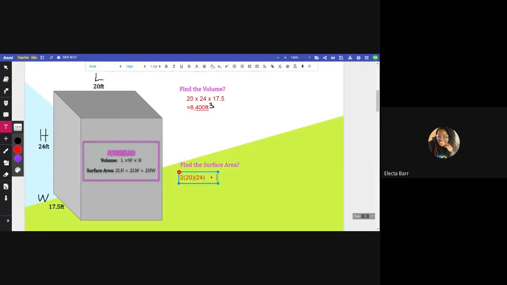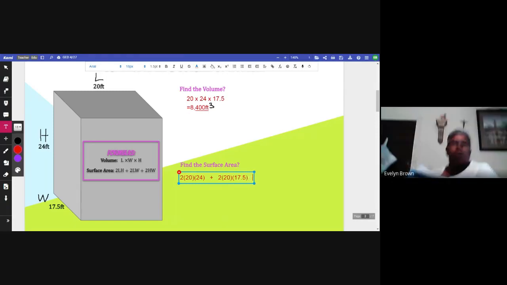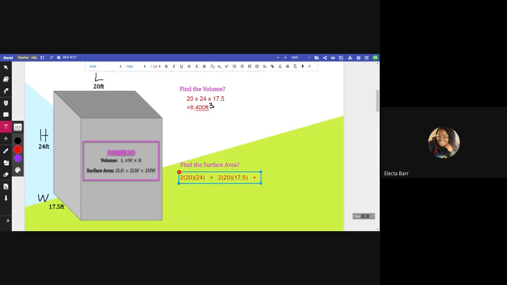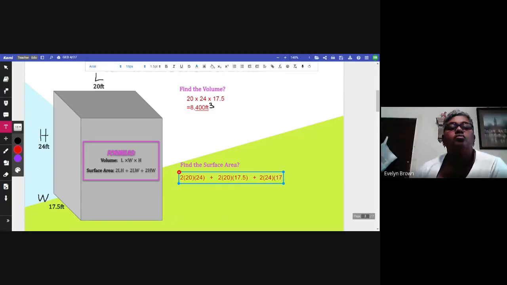Plus 2LW: 2 times the length, which is 20, times the width, which is 17.5. Plus the last part, 2HW: 2 times the height times the width, so 2 times 24 times 17.5.